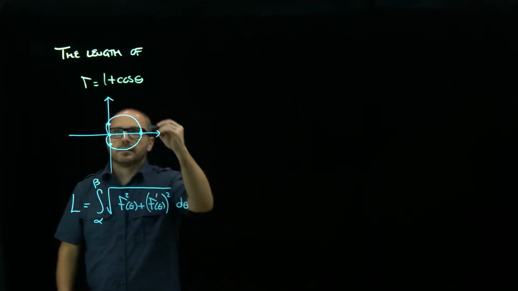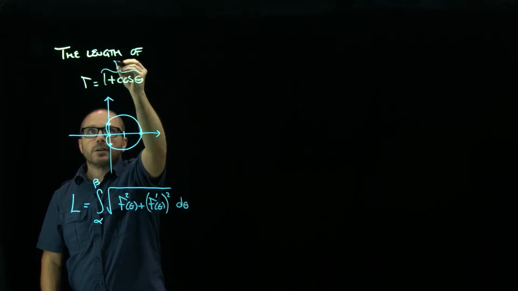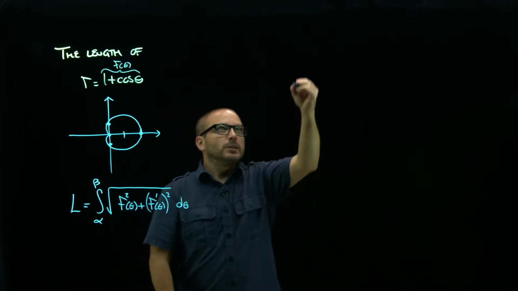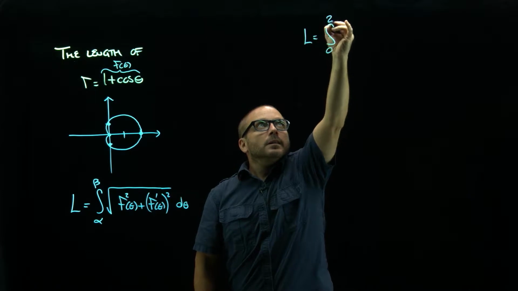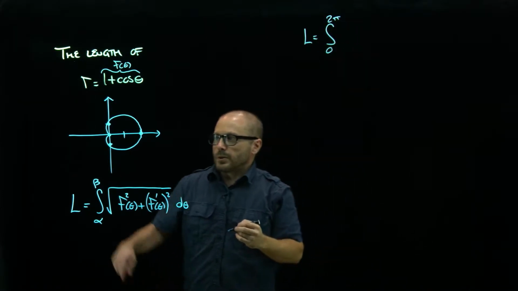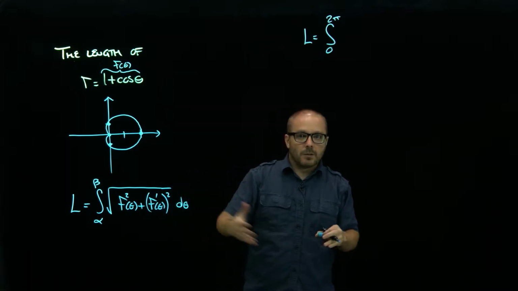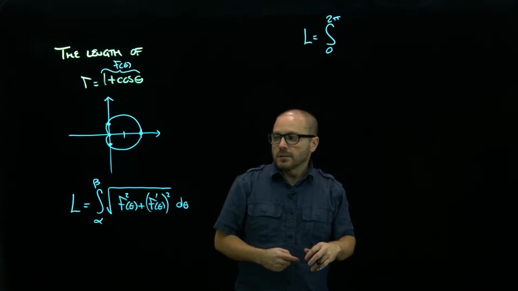And in this case, this is our function. So length in this case, like I said, I'm going to use 0 to 2 pi. I've got to make sure I go exactly once around. If I go more, I'm going to get more than just the length of that curve, right? I'll start adding more in.